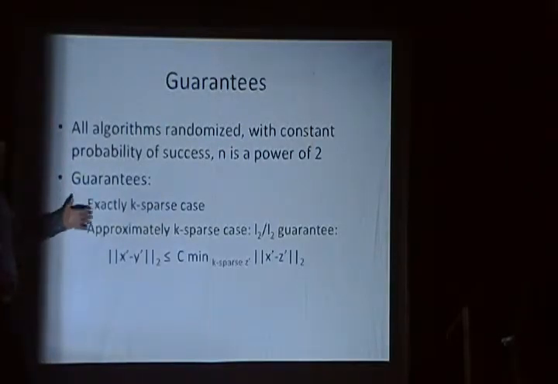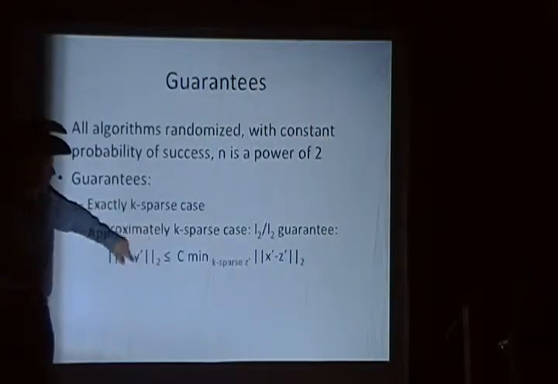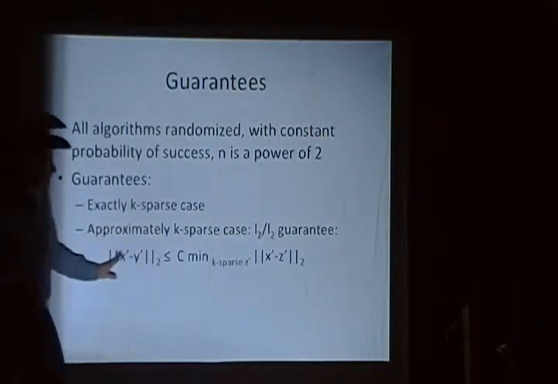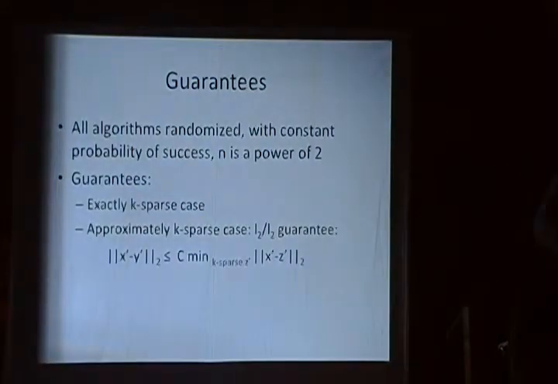In the other case, where the signal is arbitrary, we guarantee that what we report, this y prime, satisfies this guarantee. Does it make sense? Yeah, I think so. I think the slide could have been more clear.